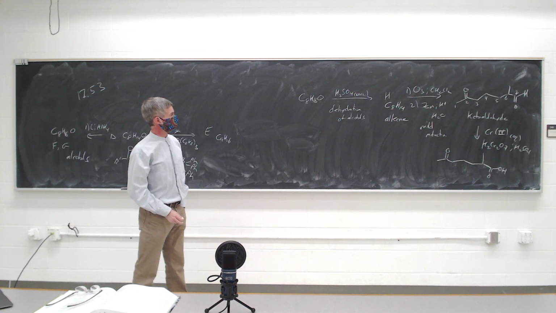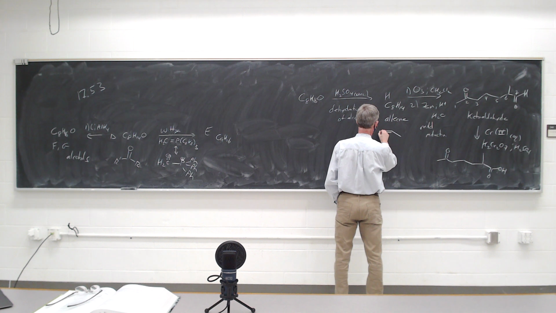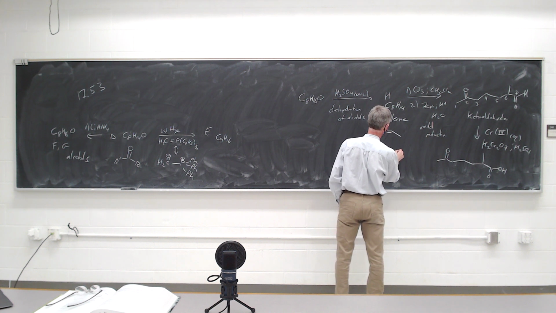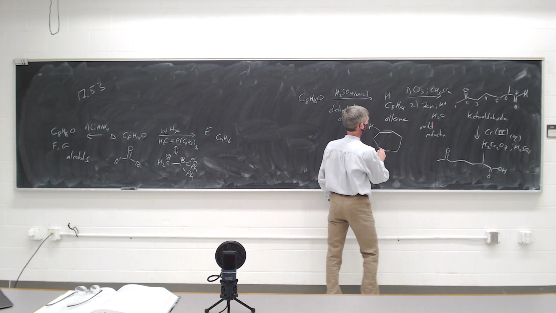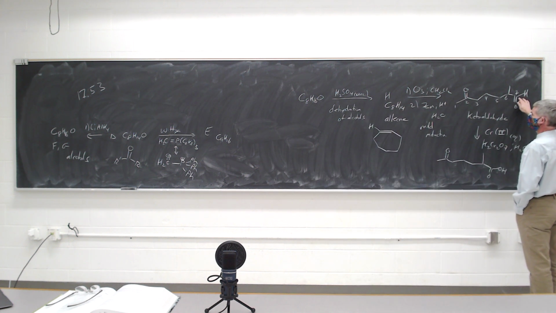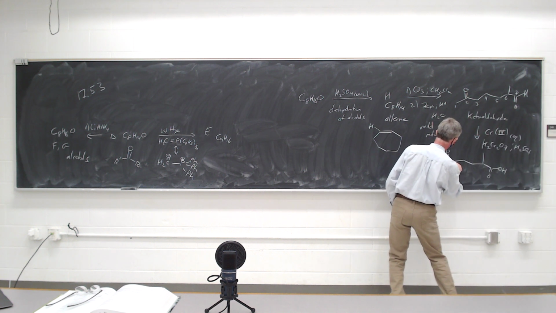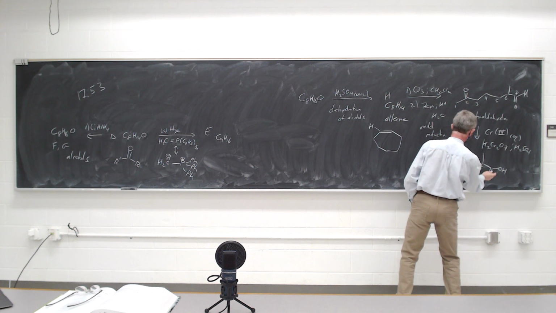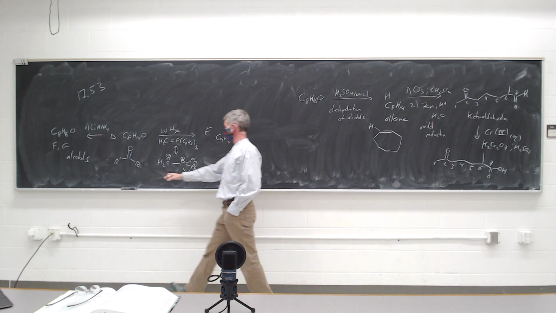Right, so that's a 7-membered ring with a double bond in it. Wait, shouldn't the ring be 6-membered? Oh, sorry, yeah, the ring is a 6-membered ring, because it's between 2 and 7.